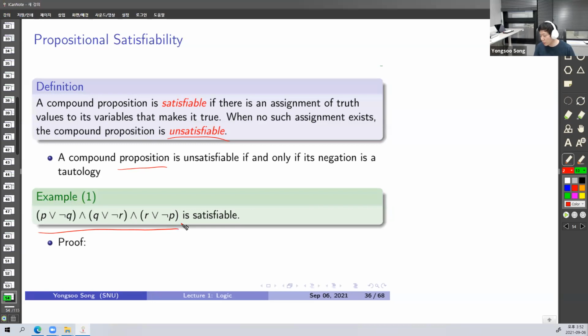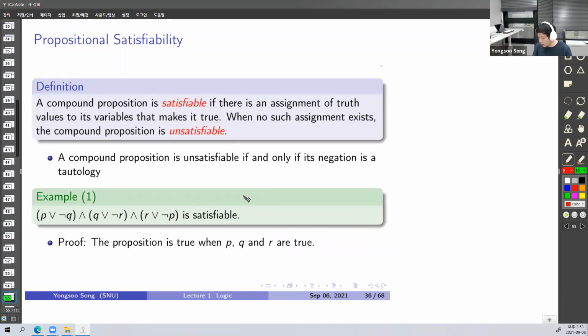To show that this proposition is satisfiable, what we have to do is just find one assignment of truth values for P, Q, and R. One naive way is to try the eight possible combinations of assignments, but it takes too much time. So we can do it more cleverly.